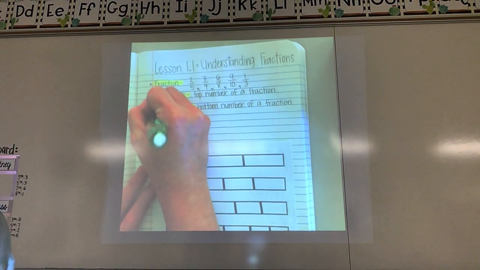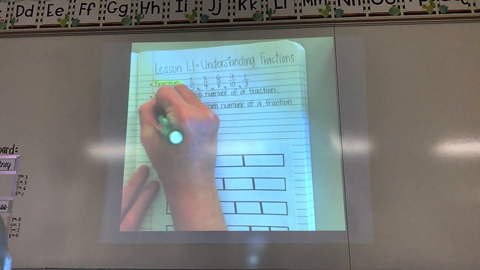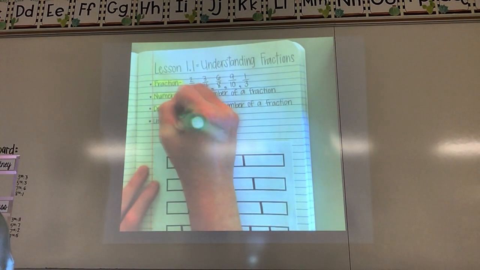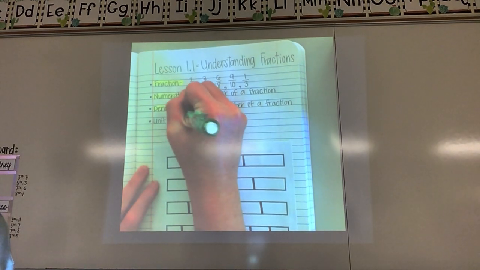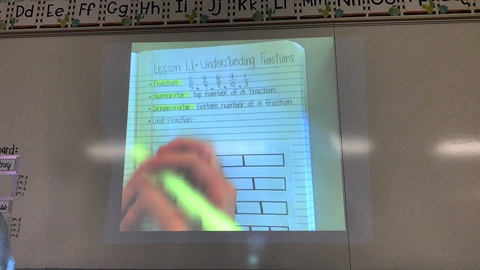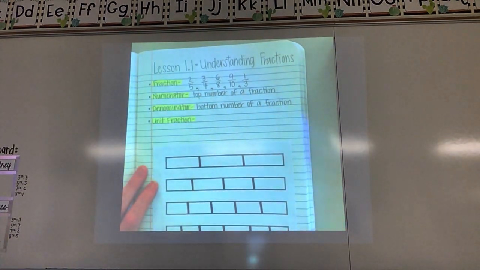One more vocabulary word that we have to make sure we know is unit fraction. Unit fraction is what we are going to be working with today for the most part, so it's going to be super important that you understand what a unit fraction is before you start your assignment today.